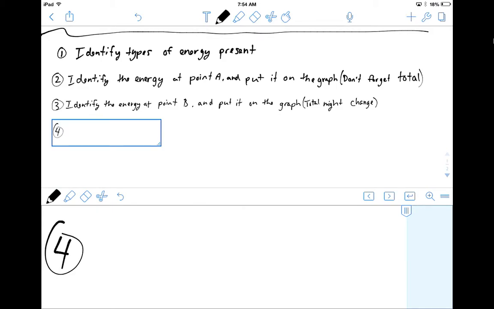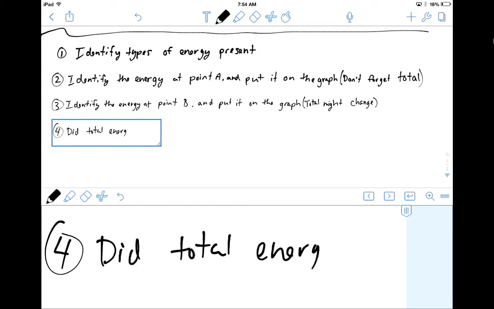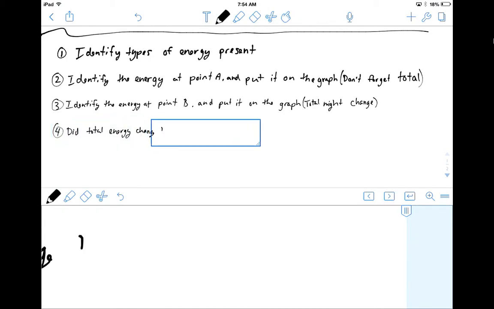Okay, step four. Now we're going to ask ourselves some questions. Now, on the assignment that you guys do today, you will be asked these questions. So we're going to put them on here, okay? Did total energy change?